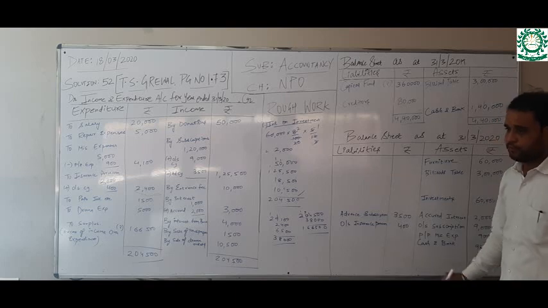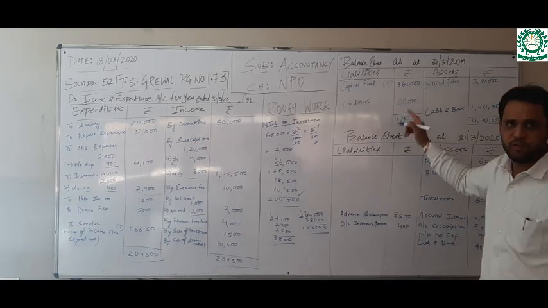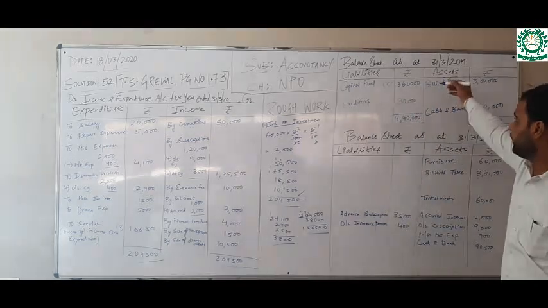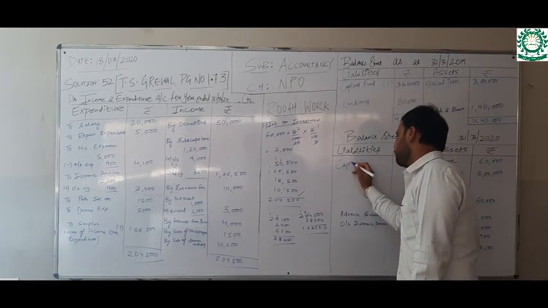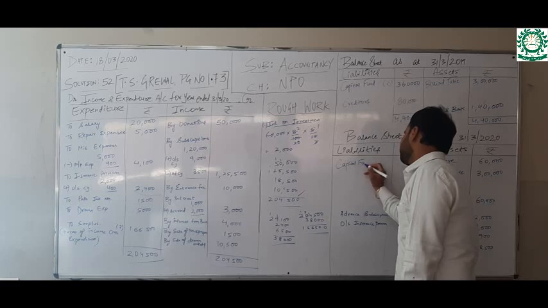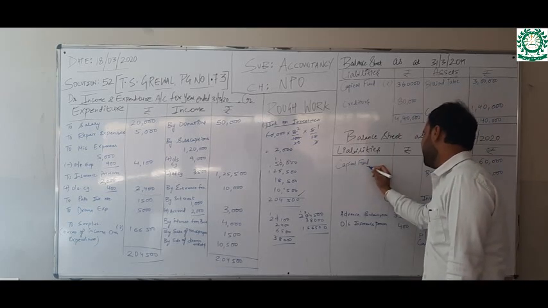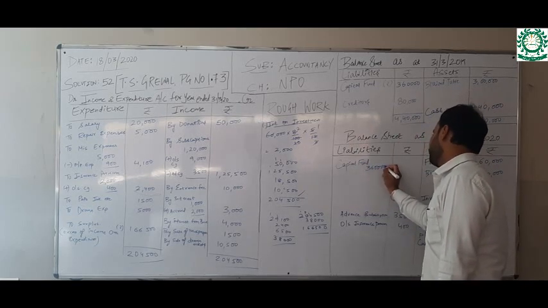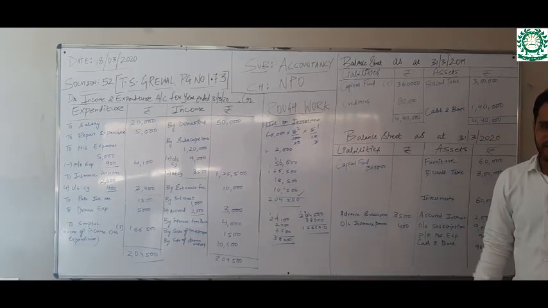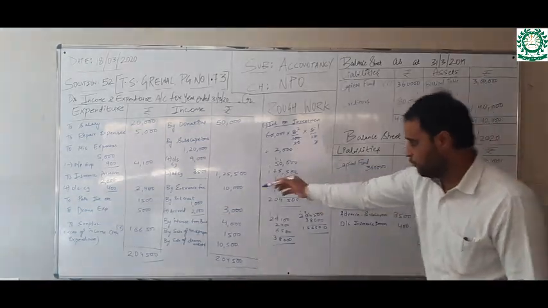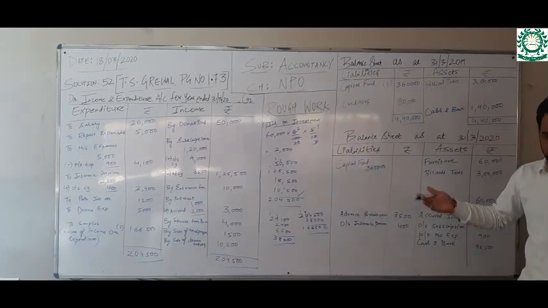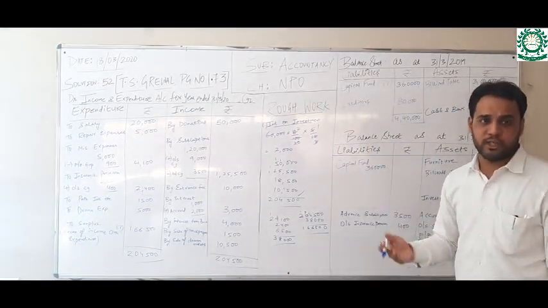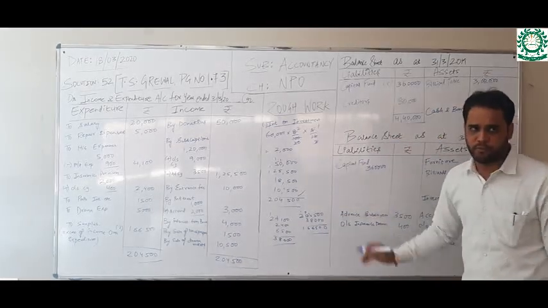In current year balance sheet, first we will carry the opening capital fund from the opening balance sheet. The opening capital fund, that is 3,60,000. Capital fund 3,60,000. Now the result of income expenditure, that is surplus, that is 1,66,500. Surplus is added because that increases our capital. On the other hand, if there is a deficit, that is deducted from the capital fund.